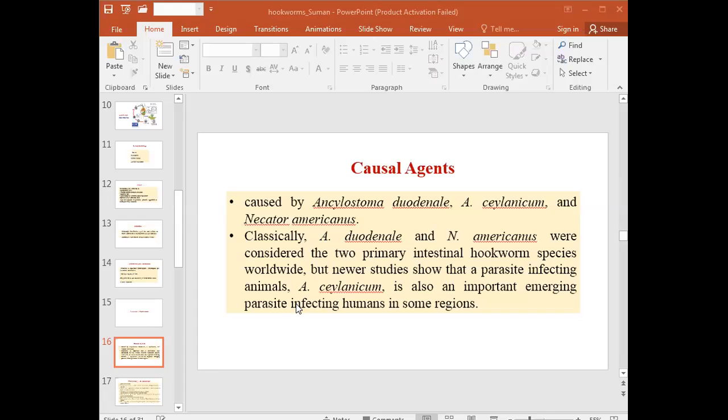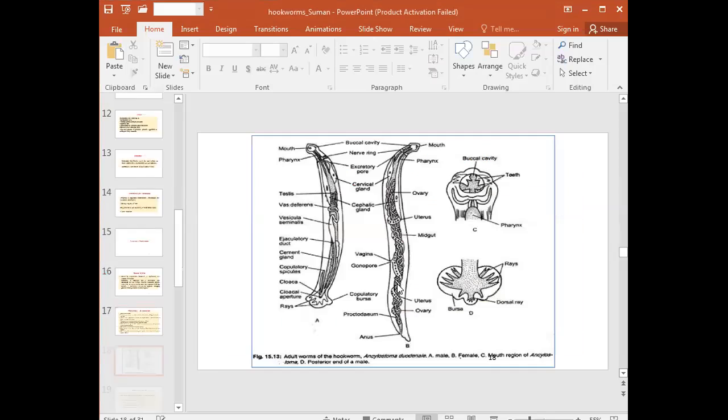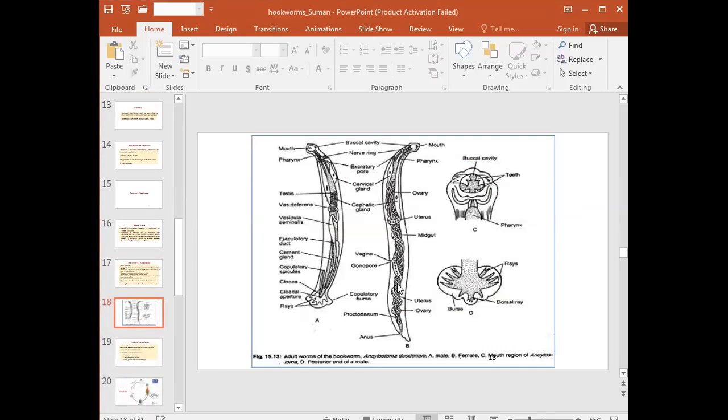So here we have to consider these three parasites. But today I'm going to discuss Ancylostoma duodenale.